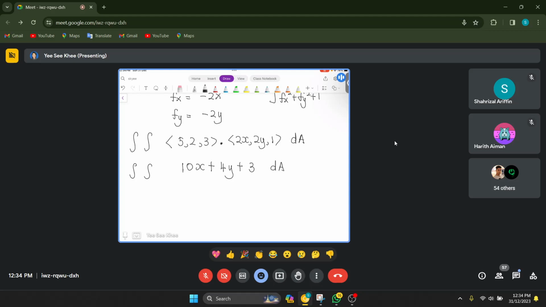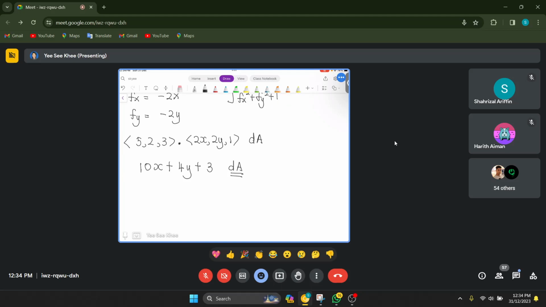So A stands for the area. You have to view this paraboloid from the XY projection.